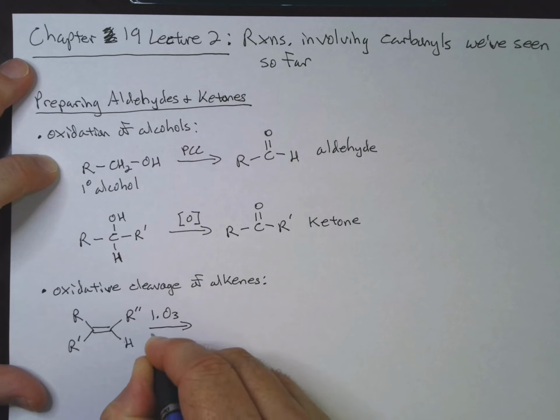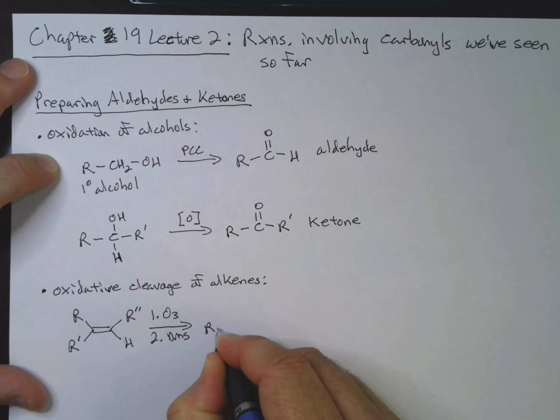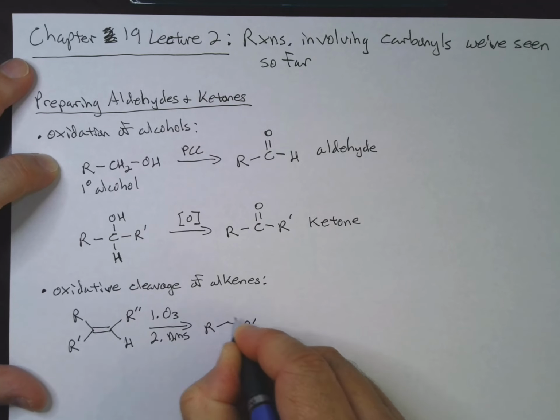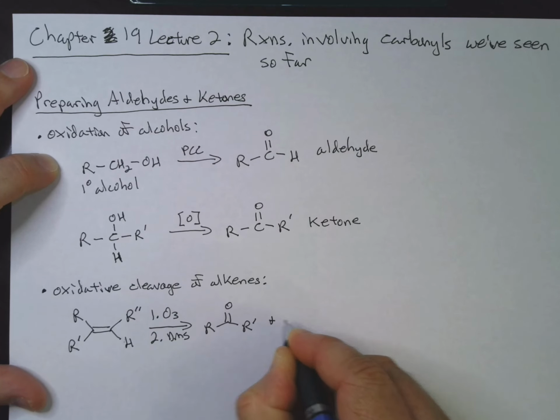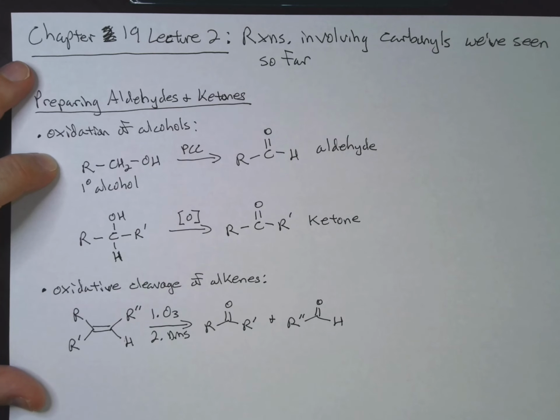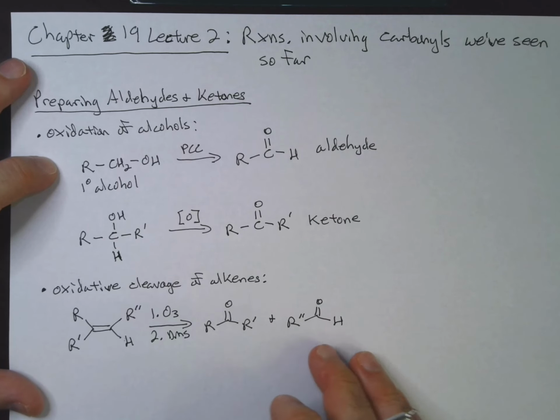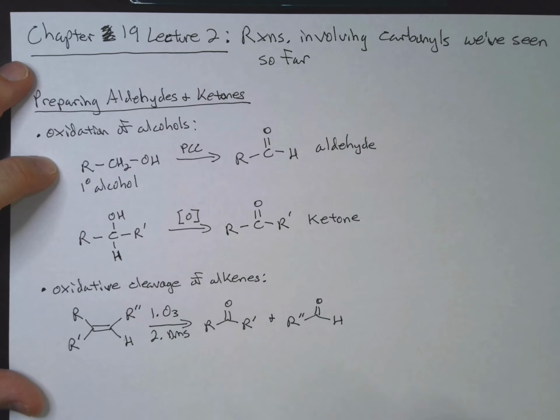So O3 followed by DMS will give us R prime plus R double prime. Permanganate oxidation will work if we are just making ketones, or if we have a tetrasubstituted alkene, because permanganate will keep oxidizing the aldehyde.